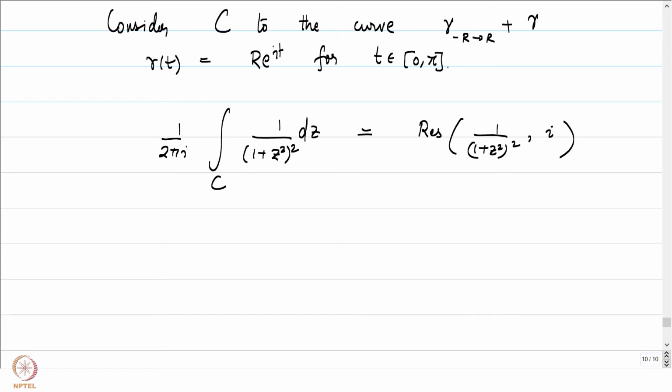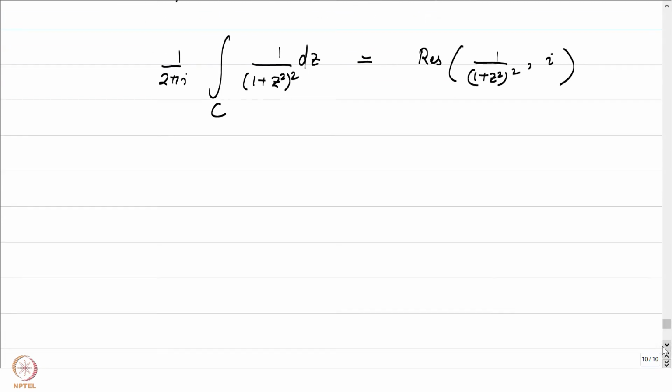Let us just quickly compute what the residue is. That is a very easy computation to do. So, 1 by (1 plus z square) the whole square is actually 1 by (z minus I) the whole square into 1 by (z plus I) the whole square.